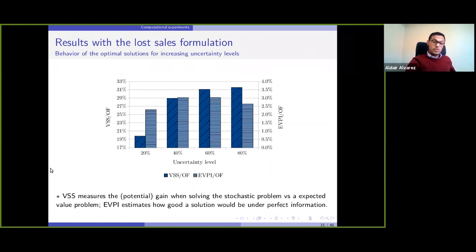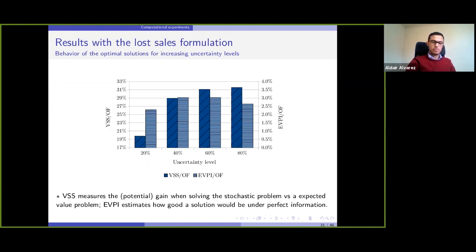And then we wanted to measure if it was relevant to consider the uncertainties in this context. So we computed the VSS and the EVPI, which are two standard metrics in the stochastic programming literature. The VSS, the value of the stochastic solution, basically indicates what is the gain of the stochastic program with respect to a problem in which you ignore the uncertainties.